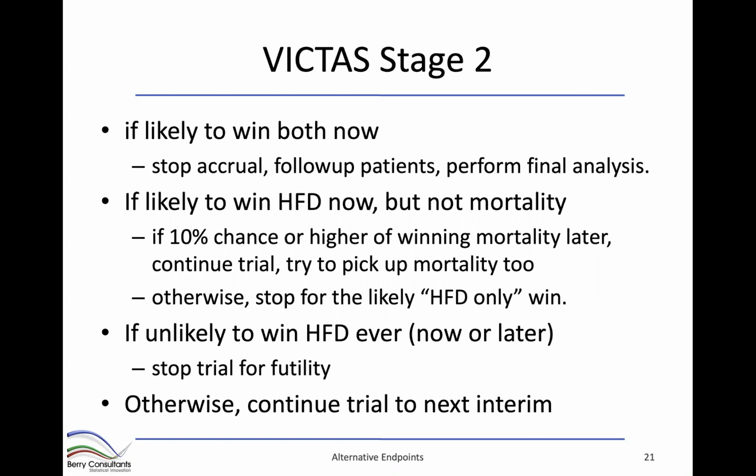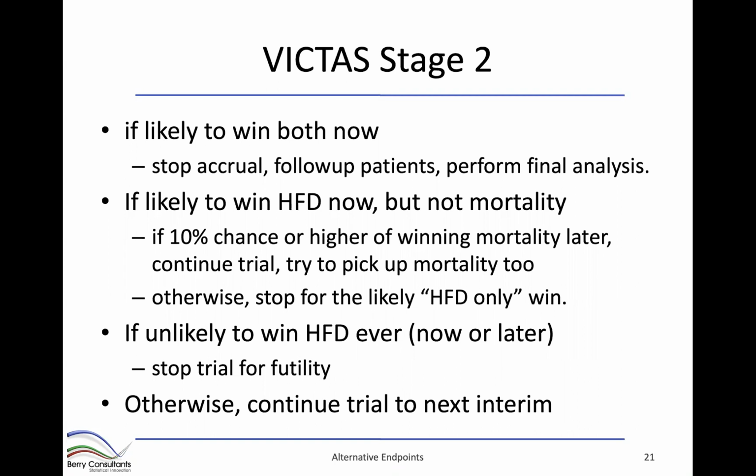get that strong result. It's also possible, because pressor and ventilator free days is so much more sensitive than mortality, we could be in the position where we think we can win pressor and ventilator free days if we stop right now, but mortality we don't think we're going to win with the data we have. And so at that point, VICTAS makes a decision: well, can I win mortality later?